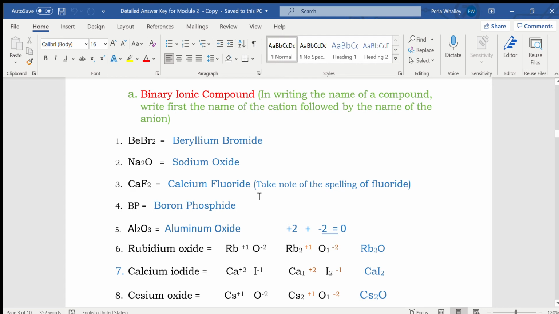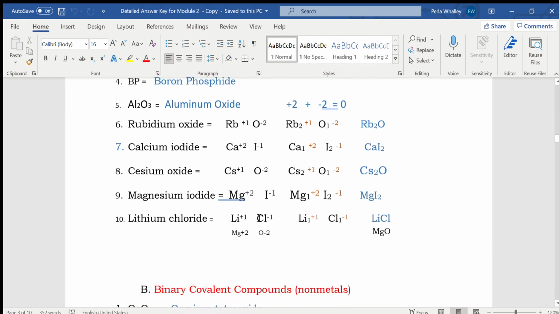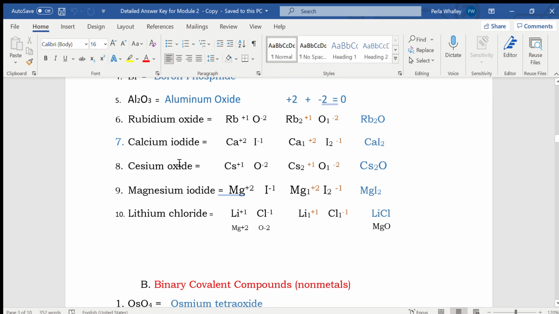Take note of the spelling of fluoride. UO, not OU. Boron phosphide. Aluminum oxide. Okay, so you were given the formula, you write the name. Next, you are given the name, you write the formula.